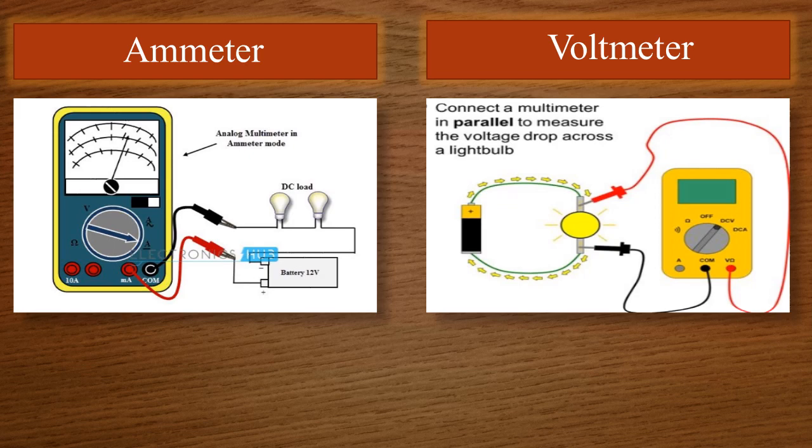So it is very important to know how you join an ammeter and a voltmeter in a circuit. Obviously, you have to join the ammeter in a series circuit and the voltmeter in a parallel circuit. If you join a voltmeter in a series circuit, the voltmeter will melt.